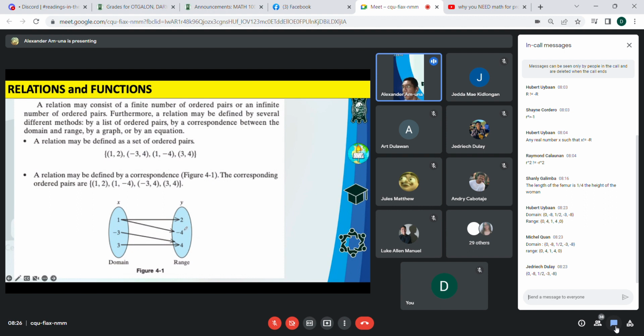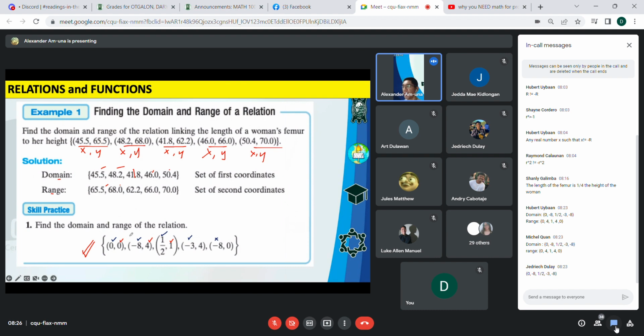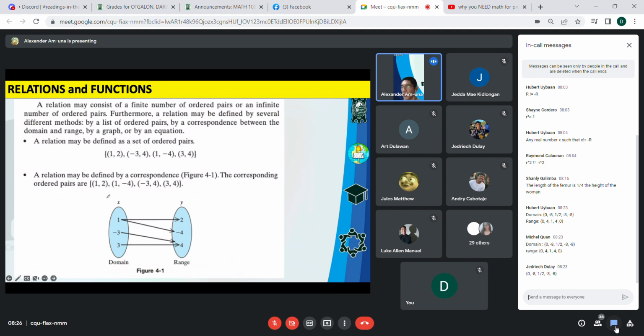Oh, parang yung nakita natin kanina, for example, the -8 is paired with 4 and the -8 is also paired with 0. So parang ganito siya. 1 is paired with 2 and 1 is also paired with -4. So okay lang yon in a relation.